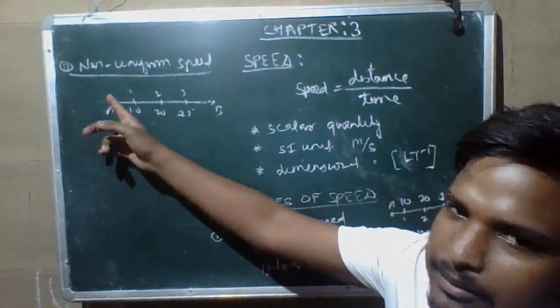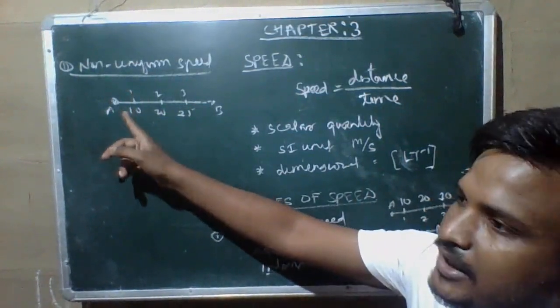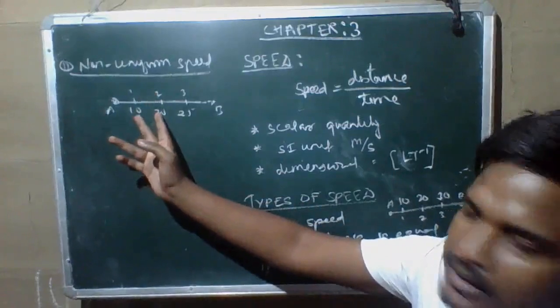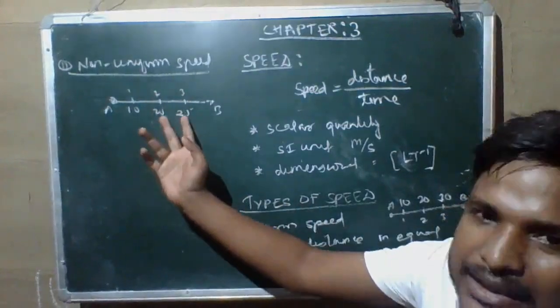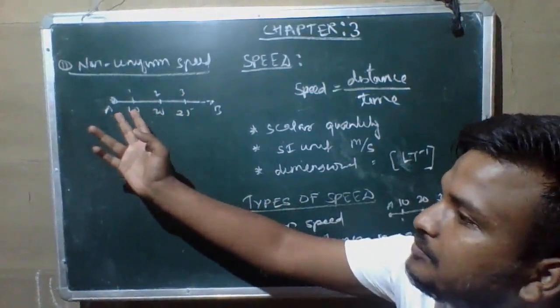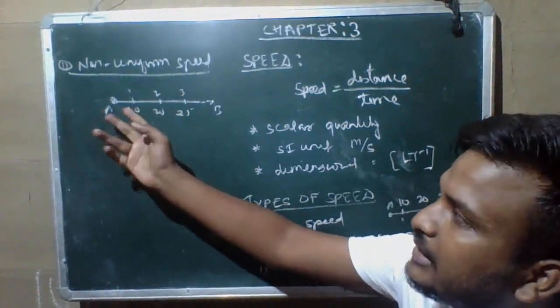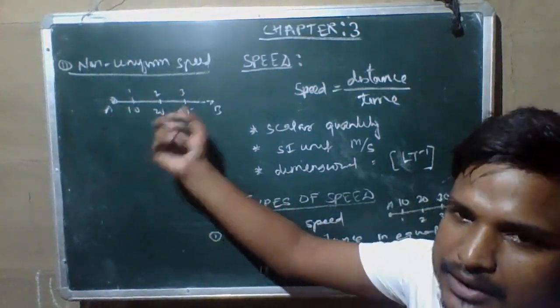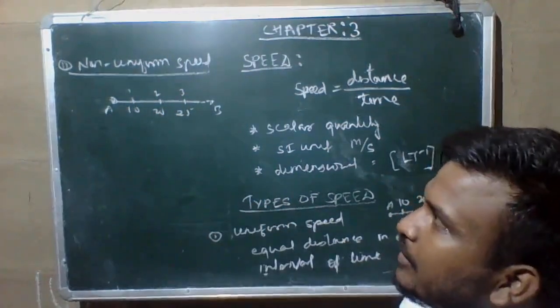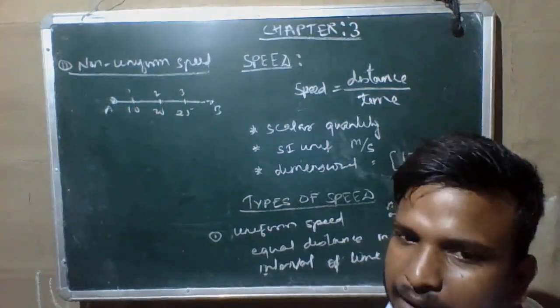Between time 0 to 1, how much distance is covered? 10 meter. Between 1 to 2, 10 meter, and between 2 to 3, 15 meter. So after every second the distance is not constant. Here it is 10, but here it becomes 15. Then this type of speed is called non-uniform speed.